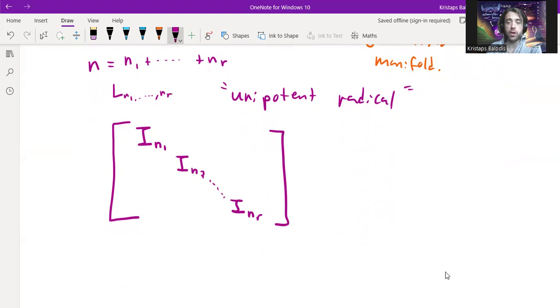And then everywhere above these matrices, you can let these entries be anything. And so this will be an invertible matrix in GL_n(Q_p), let's say.